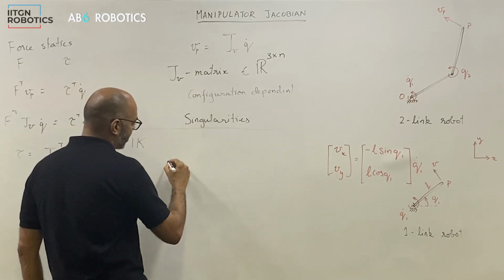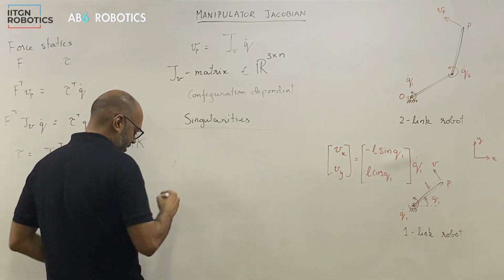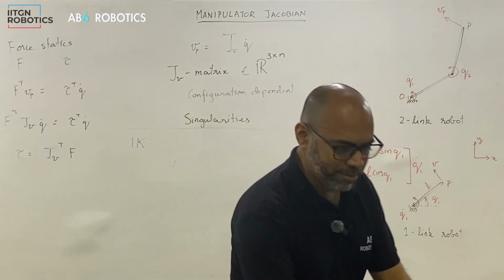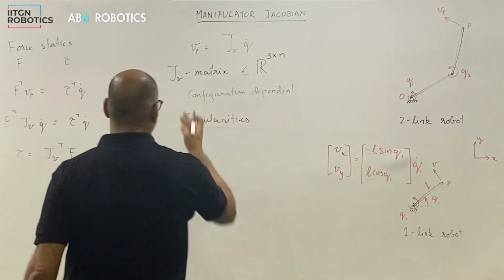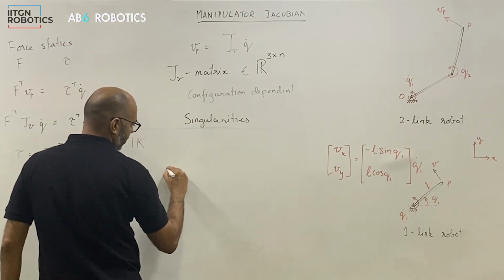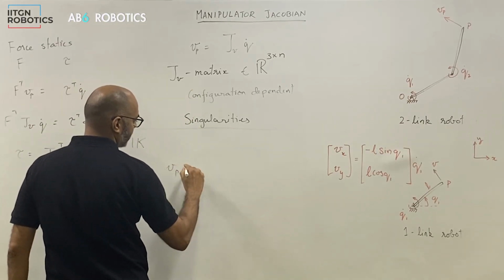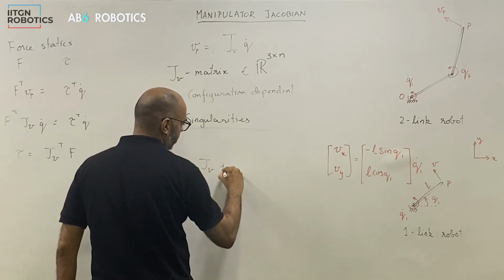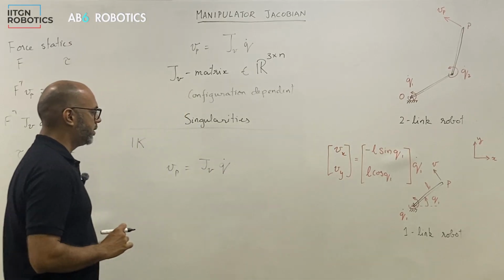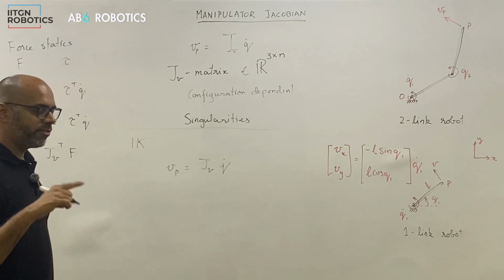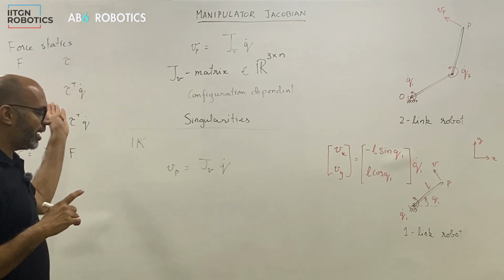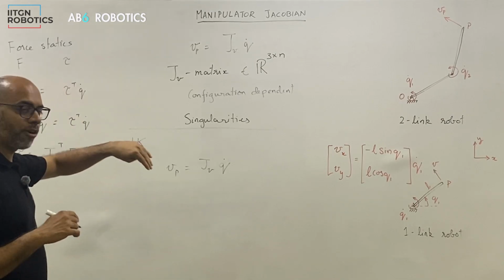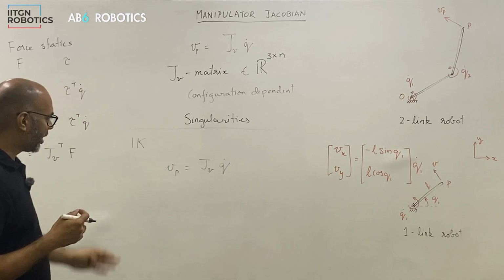So one way to do inverse kinematics is, supposing we take the same equation that we had here, Vp is equal to Jv q dot, and remember, inverse kinematics means we want the end effector position and want to figure out what we need to do to the joints to reach that end effector position.